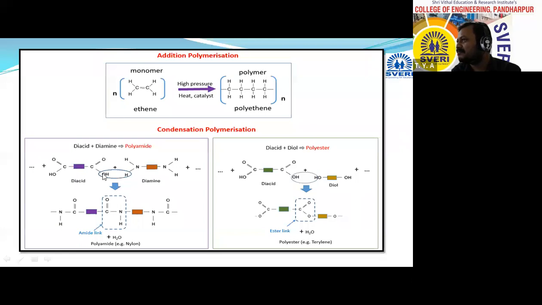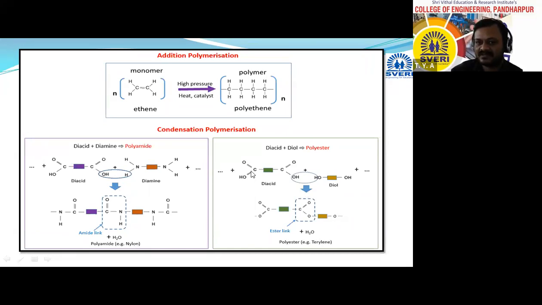Then you just have to separate the water molecule and the remaining bond will be created. So by this condensation polymerization method, polymers are formed, and examples are polyamide, like nylon, and polyester, which is also given the name Terylene. You may have heard the name Terylene material or nylon material.